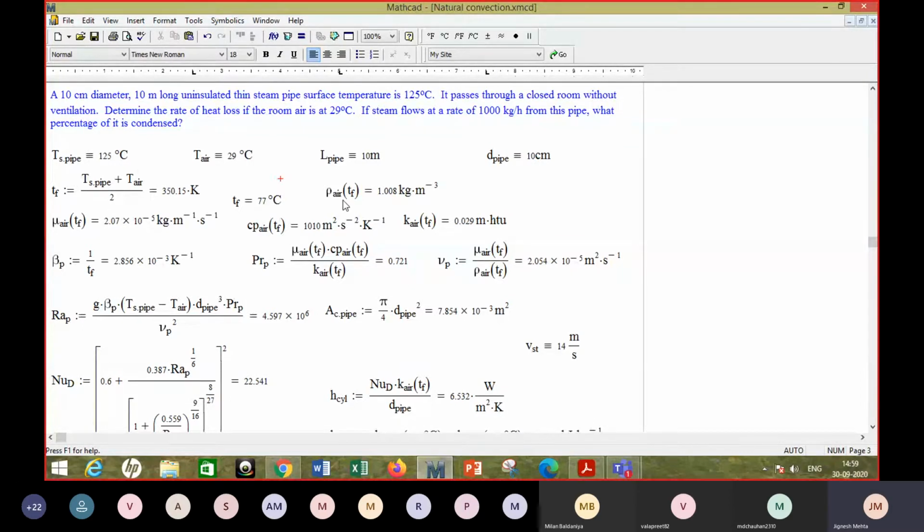So the density is 1.008 kg per meter cube. The dynamic viscosity is 2.07 into 10 raised to minus 5 kg per meter second.